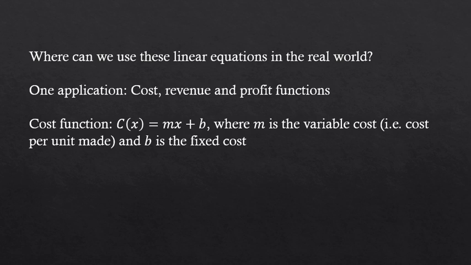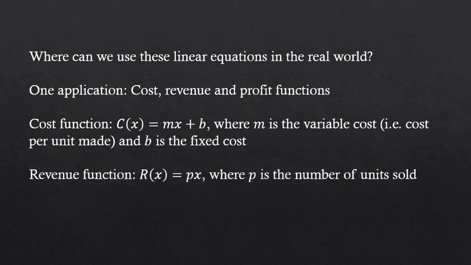And then b is the fixed cost. This is the cost of the tools that you need to make the product, cost of the building that you're in. These are the one-time costs, things that you pay for once and then that's it.